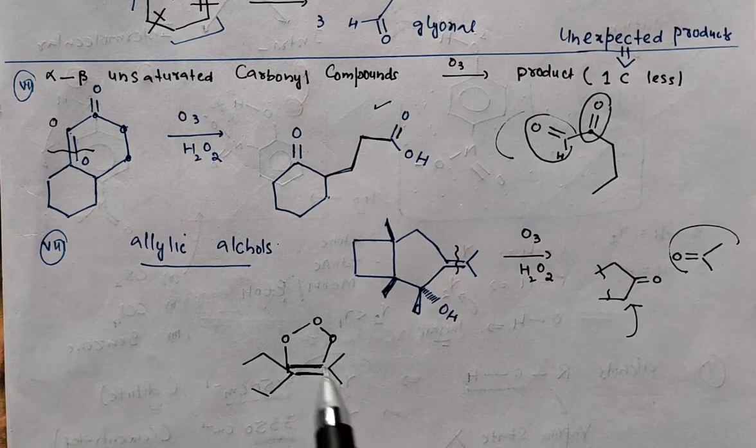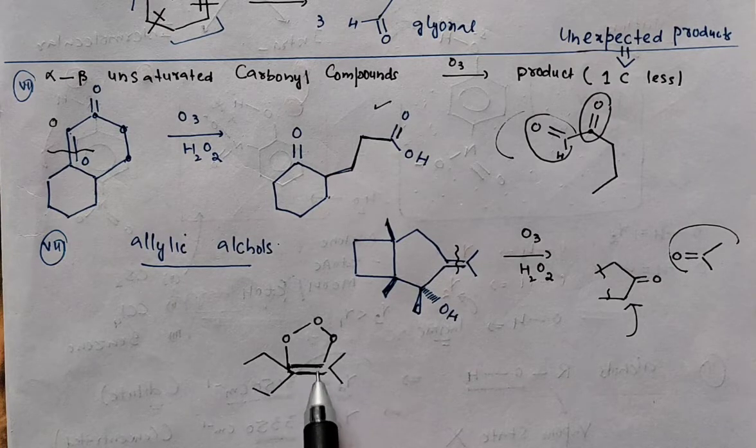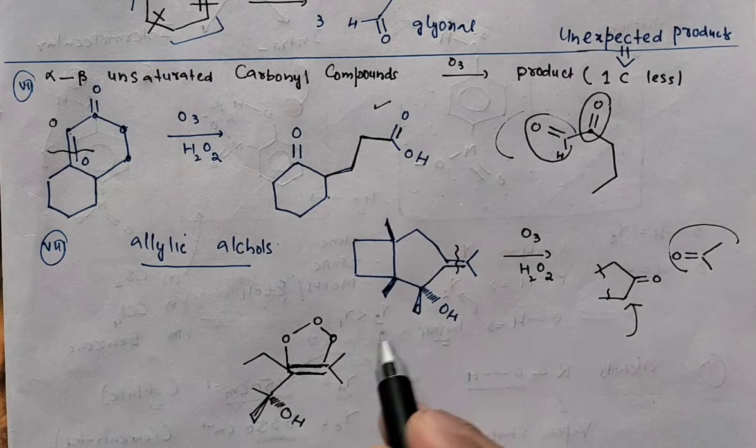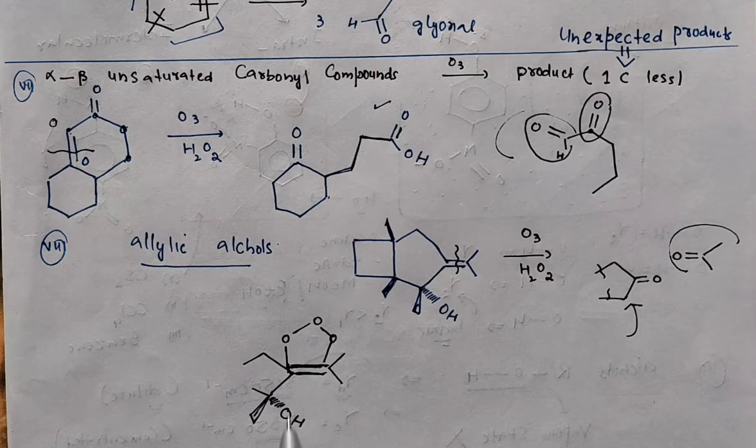Now after that, when you do the cleavage, sorry, we have the alcohol group here. This alcohol group. When you do the cleavage in this case, this is a single bond now because you have added the OH here.